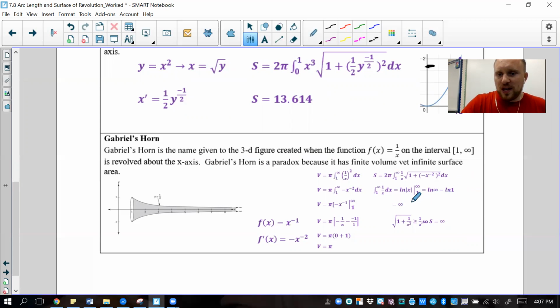So what we're showing here is that this arc length is actually going to be greater than or equal to 1 over x. So the surface area is going to be infinity. It's a crazy concept, because all we know is that if we integrate this 1 over x, we get infinity.